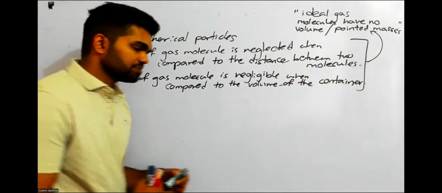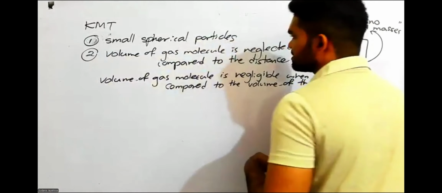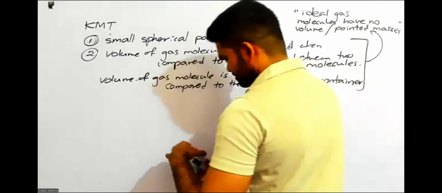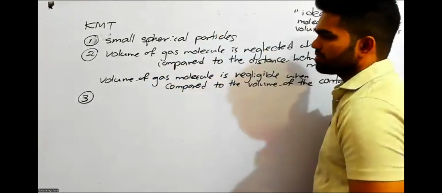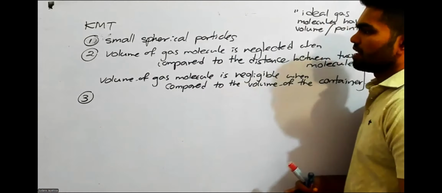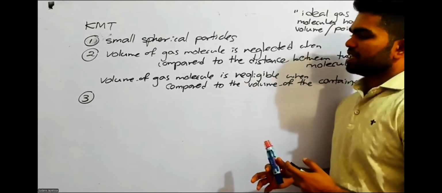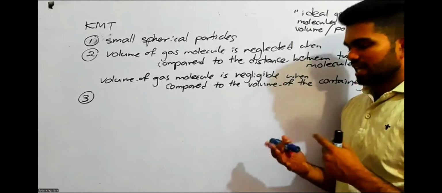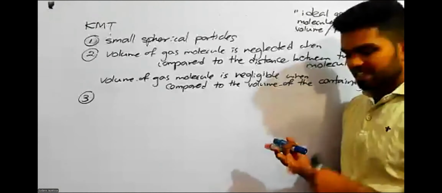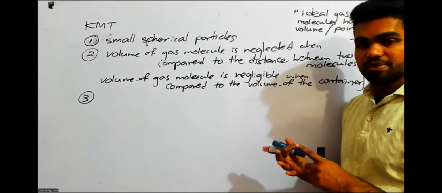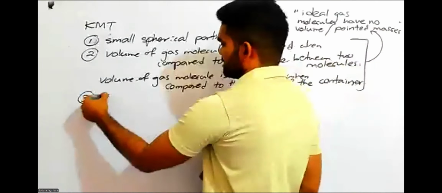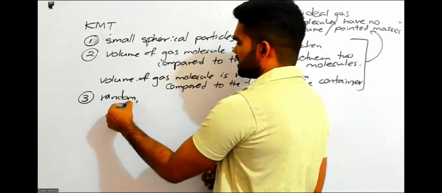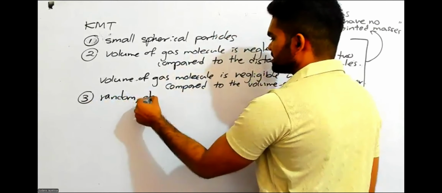So what is the third one in the kinetic molecular theory? They move in random directions, in random straight lines, at different speeds.